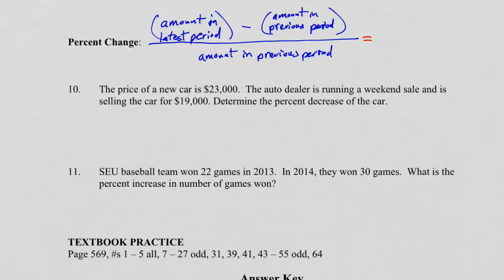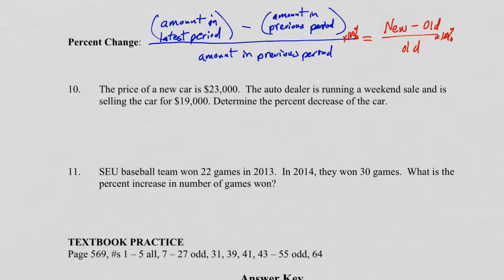So basically, if you want to remember it this way, the latest period is actually the newer number minus the previous number or the old number, and then you always divide by the old. Okay, and you're going to multiply that by 100%. Okay, so new minus old divided by old times 100%.